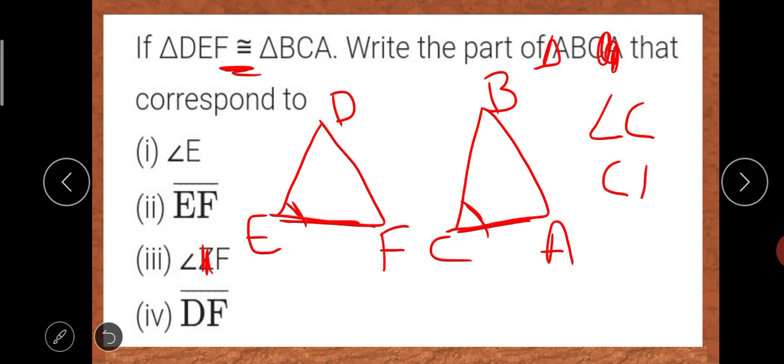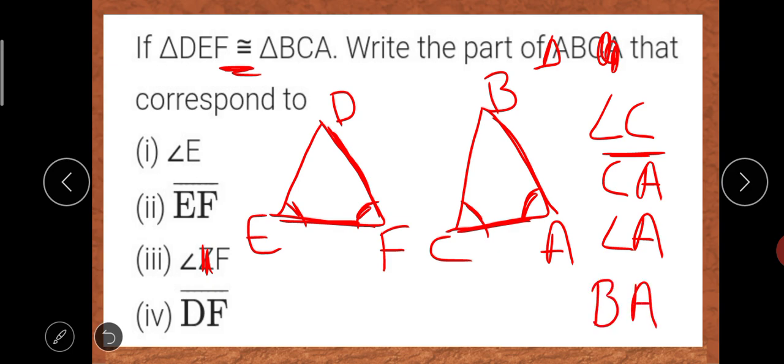Second answer. Third, angle F is congruent to angle A. And last one given is side DF, which is congruent to BA. So BA is the line segment congruent here.